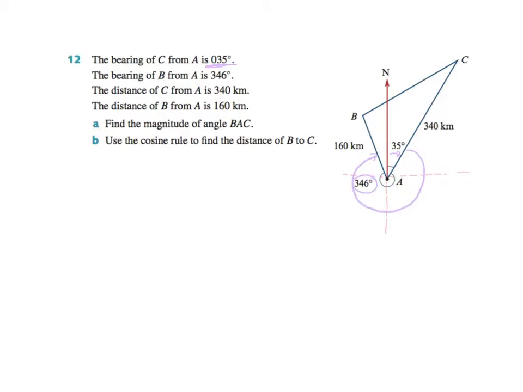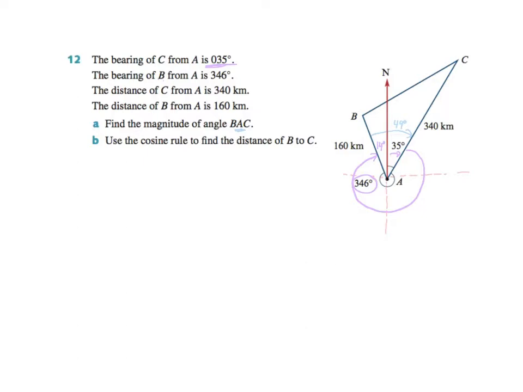So if we go all the way back to the north line, that'd be 360. So I know that's 14 degrees in there. So now that you know that's 14 degrees, you know the total in here must be those two added together, which is 49 degrees.